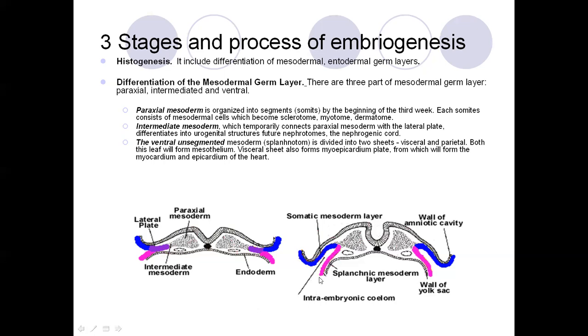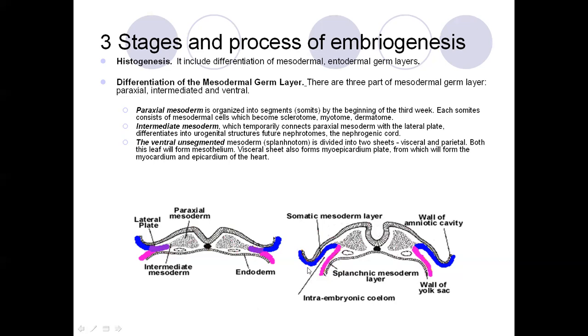Parietal sheet and visceral sheet produce mesothelium, a special squamous epithelium type, and in the cranial part will produce myocardium and epicardium of the heart. The coelom in the embryo in future will form cavities in the body, I mean pleural cavity, thoracic cavity, and abdominal cavity.